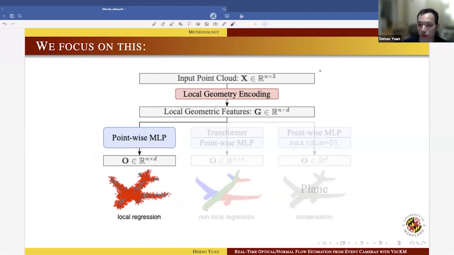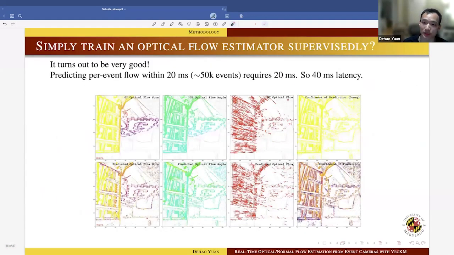It is very simple. In this methodology, we just slice the events. If you have a stream of events, we collect the events within a time interval. Let's say this is 20 milliseconds, and maybe you collect 50,000 events.